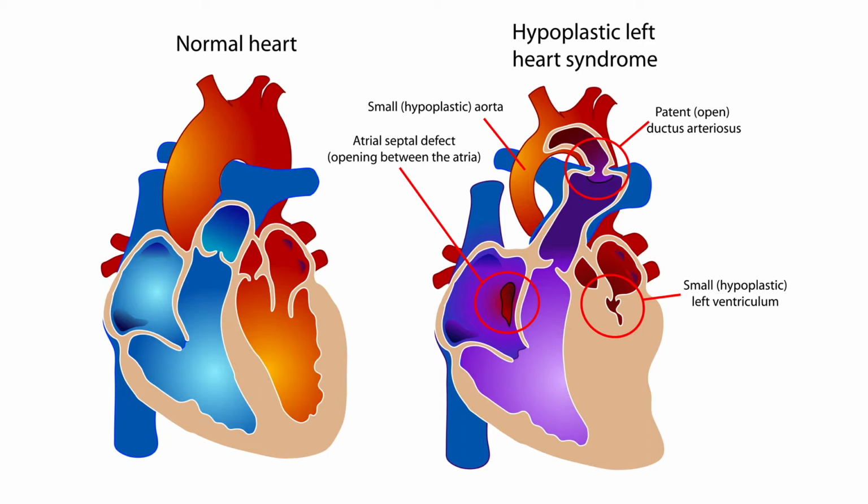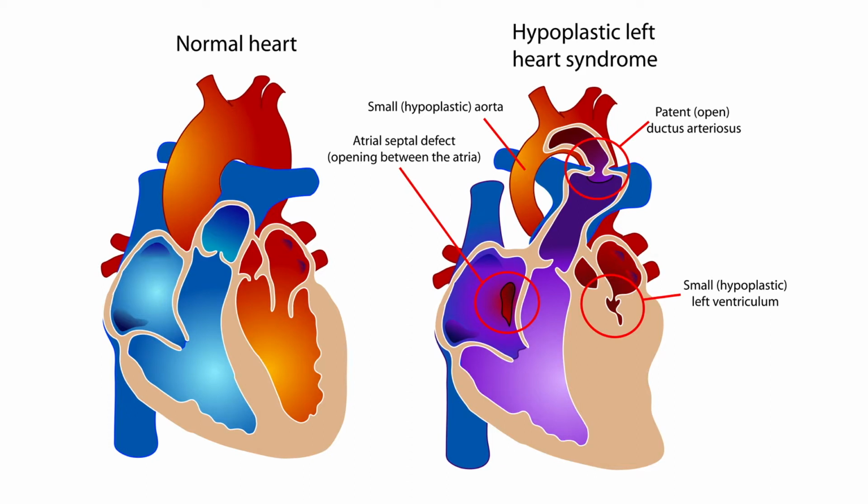If, for example, you pre-oxygenate the patient in 100% oxygen, this will cause the pulmonary arteries to dilate. All the blood coming out the right ventricle then will take the path of least resistance, which is going to be out the pulmonary arteries, which are maximally dilated, rather than going through the duct to the aorta. So you're going to get pulmonary overcirculation and systemic collapse if you pre-oxygenate these babies in 100% oxygen.